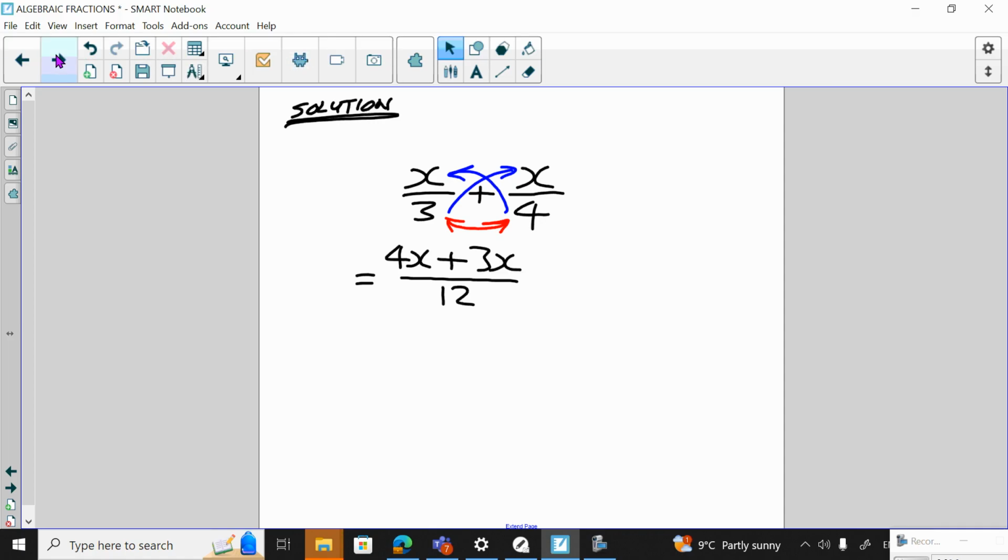And can you tinker about with it? The top, 4x and 3x, what would that give you? 4 of something and 3 of the same something is 7 of something, x. And look at the 7 and 12. Can you find a number that divides into them apart from 1? I don't think so. Done.